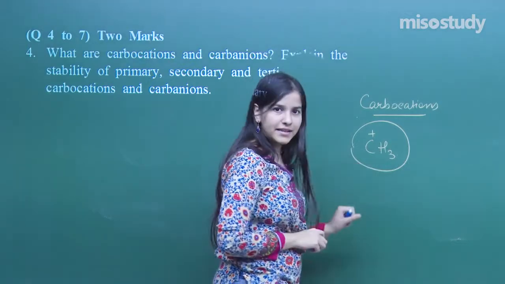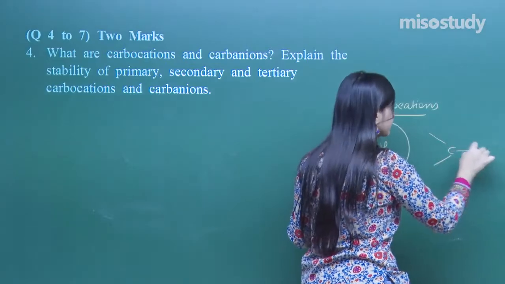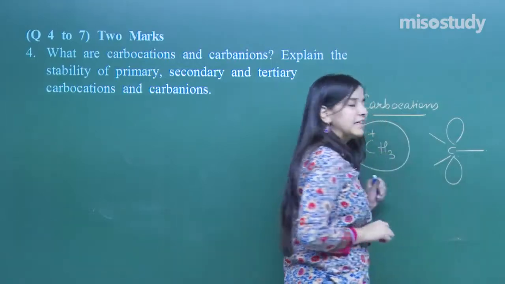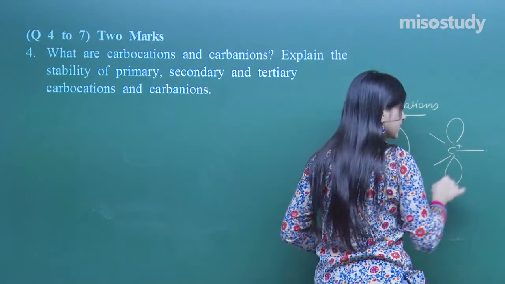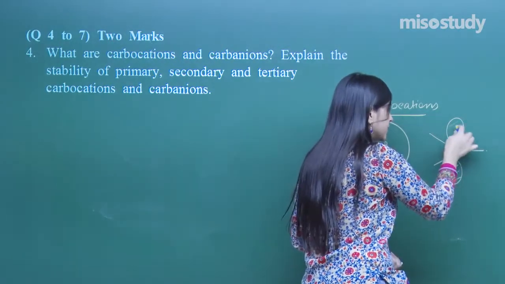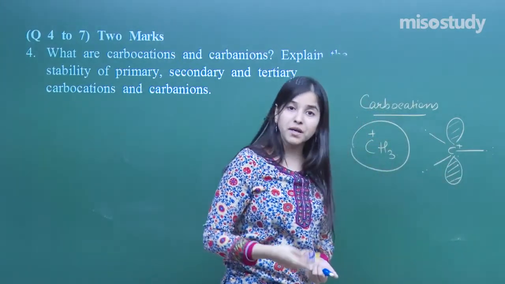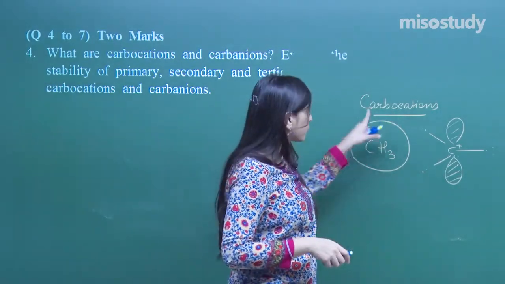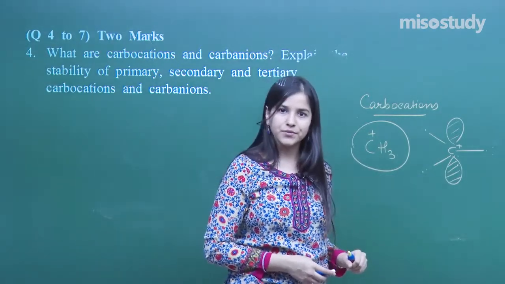A carbocation is basically a trigonal planar species having an empty unhybridized p orbital, with a positive charge, meaning there are no electrons in this orbital. It is bonded with 3 species, maybe hydrogens, maybe more carbons or R groups, and that leads to the formation of a carbocation. So it has a deficiency of electrons.